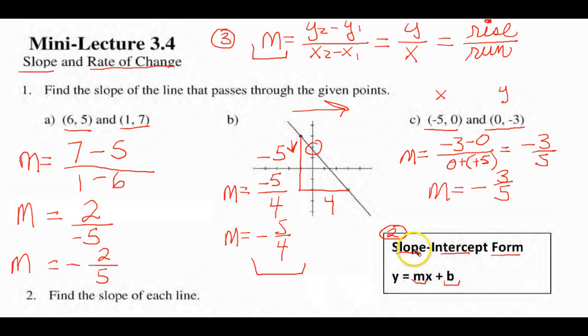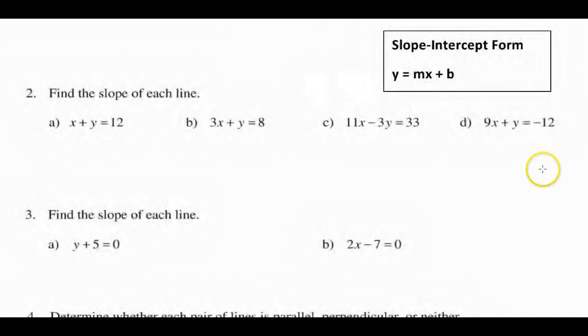So when a formula is in this form, it will tell you what the slope is and will tell you what the y-intercept is. So some very good information from this slide. Now here in example 2, we're asked to find the slope of each line. Well, I'm also going to say and the y-intercept.